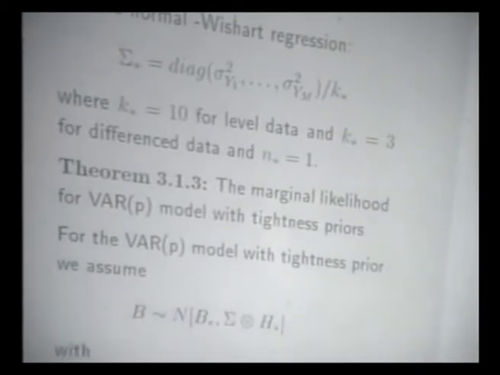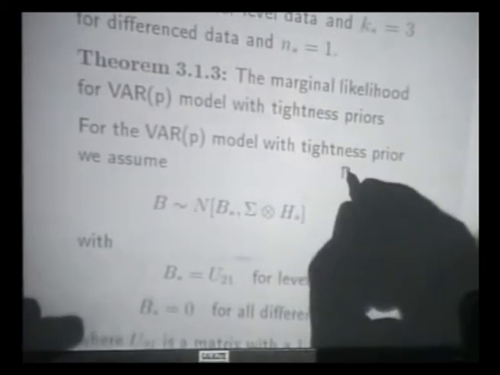We assume a tightness structure for all of the time series individually and then multiply it. That's essentially what will go into our prior specification as a default. You're always free to change it, but as a simple default value, this is the so-called BVAR modeling. That was called BVAR in the 80s when Litterman and Sims developed all this methodology. So in analogy to this, we have done that.